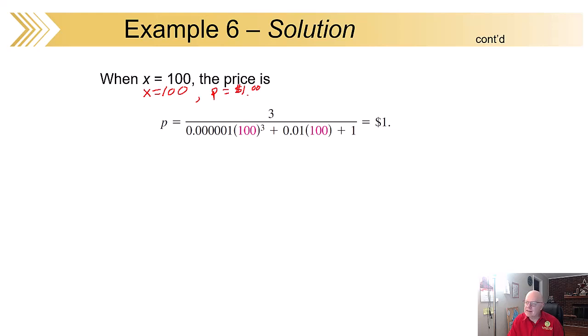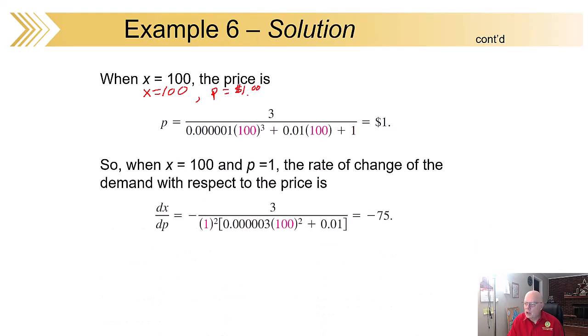So we've got x, we've got p. We'll put it in our dx/dp to find out how the rate of change of demand with respect to price is. There's our 3 that was on top there. We just put our x and our p, and the rate of change of demand with respect to price is -75.